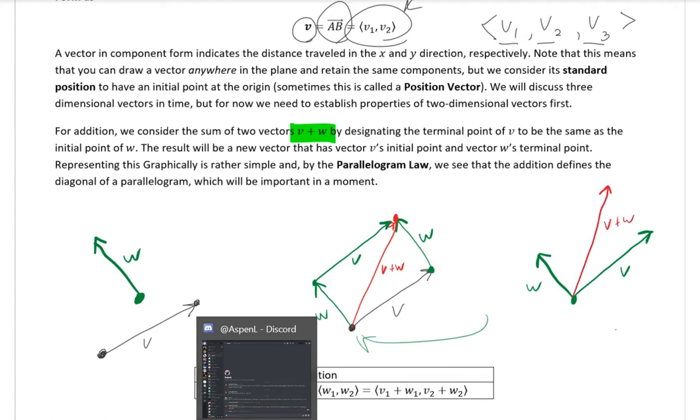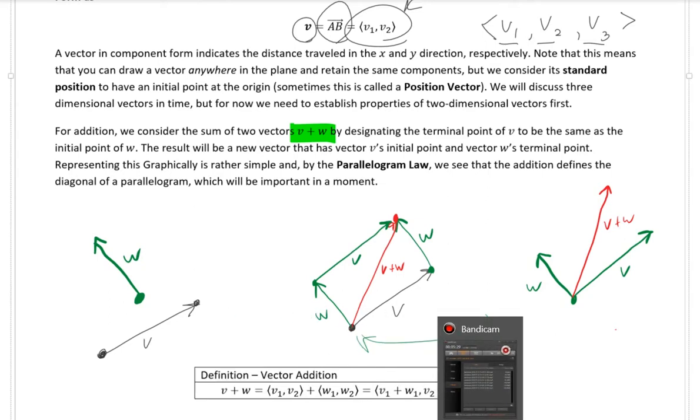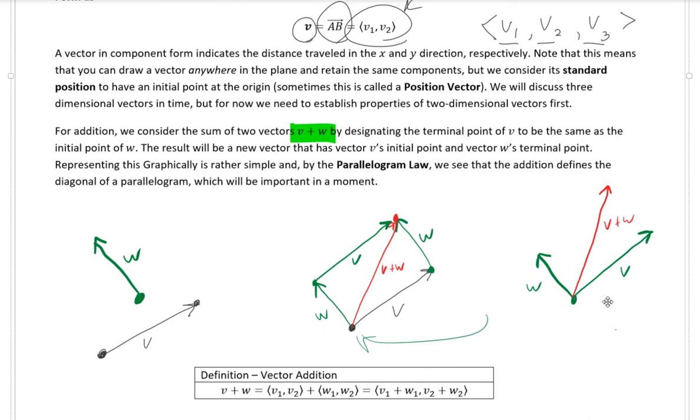So V plus W is going to come out of that region. This is overall how you would designate an addition of two vectors. The easiest way is by just lining them up using initial and terminal points in succession. But if you need to put them on the same place, you can imagine V plus W comes out in between those two vectors.